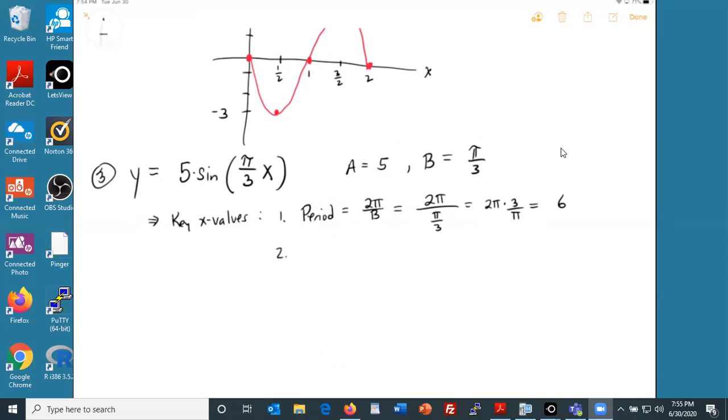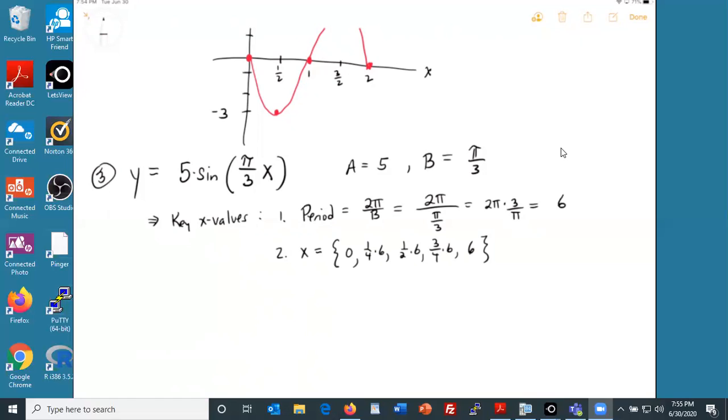So now we get our x values. So remember, you bring down 0. And now remember, we're going to multiply that period of 6 by fraction values that go up by quarters. So we're going to have 1/4 times 6, 1/2 times 6, 3/4 times 6, and 6 itself. So the last number there should always end with the period.